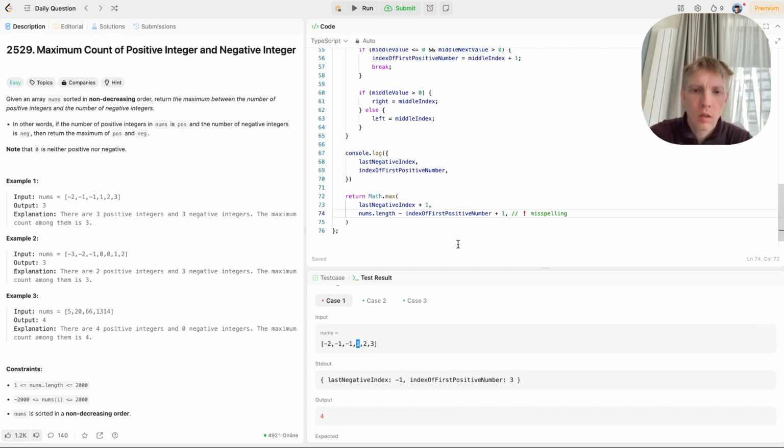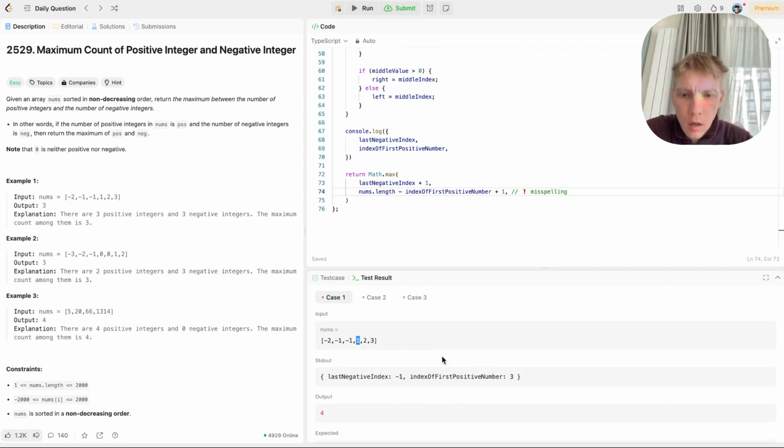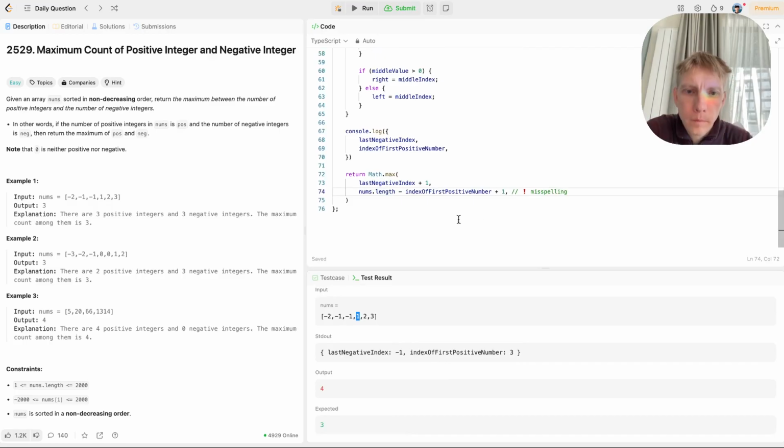Yes. Output is 4. Number's length is 5. Oh, number's length is 6. 6 minus 3 plus 1 would be 4. Here we should not increment it.